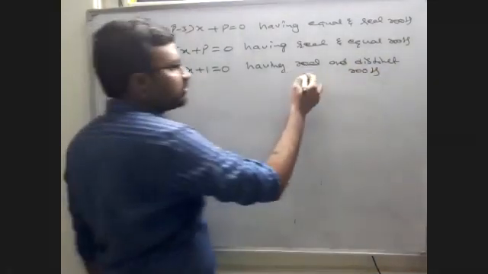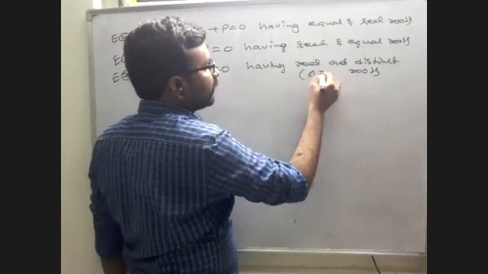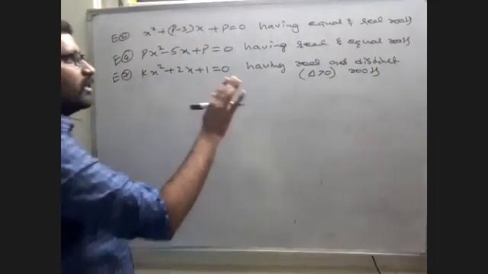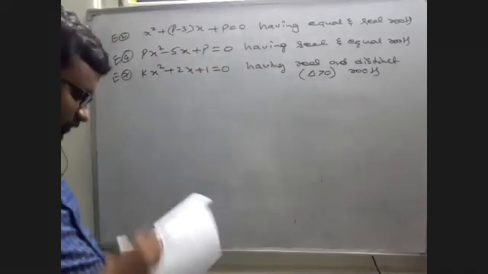For real and distinct roots, I told you to take delta only greater than 0, not equal to. Only greater than 0, I told you. For only real, take greater than or equal to 0.